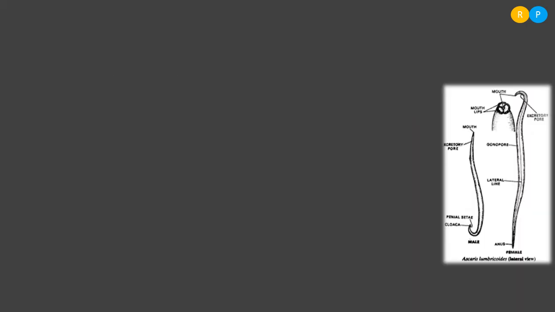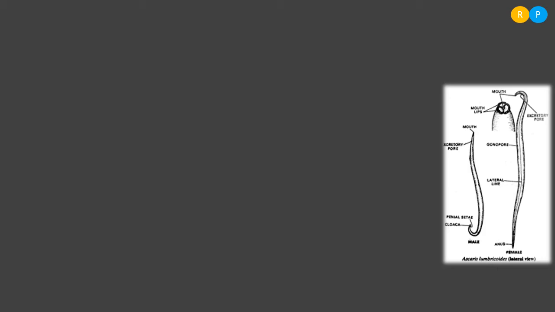Yes, as I told you, these animals show organ system level of organization. So let us now look into what those organ systems are and how they perform their functions in the body. This is the diagram of Ascaris. In Ascaris, male and female animals are separate.